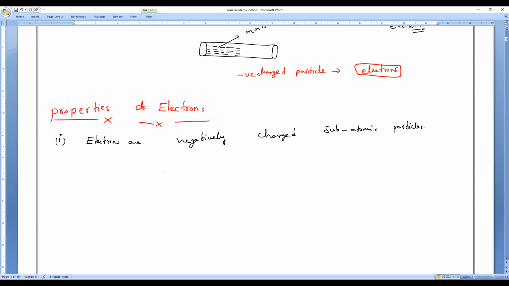The charge of one electron is 1.6 into 10 power minus 19 coulombs.